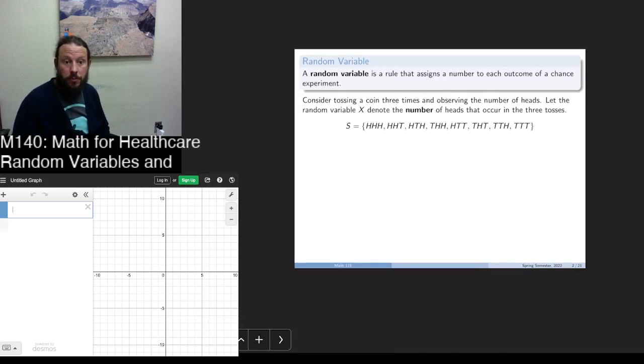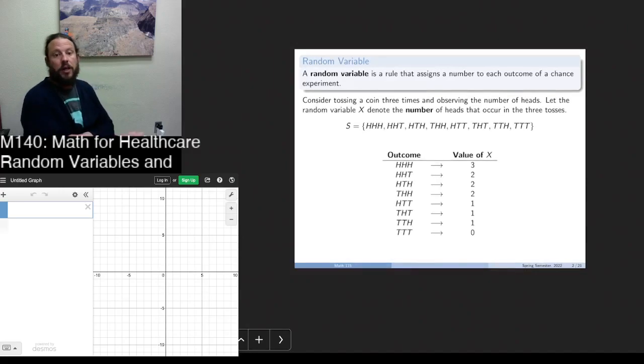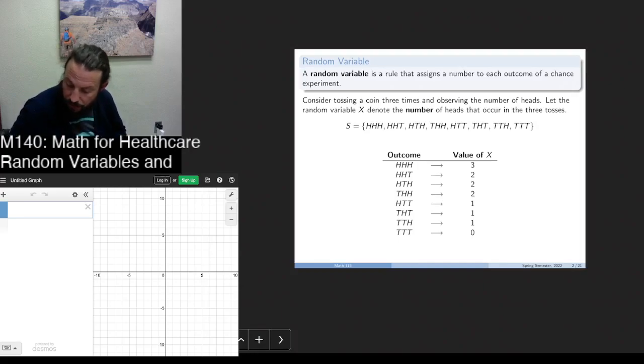Now, remember this is our sample space, right? So here, you could think of this outcome, this is the value of x. So for instance, if we get 3 heads, obviously x is 3. If we get head on the first one, head on the second one, tail on the third, that's going to be a value of 2 because there are 2 heads.